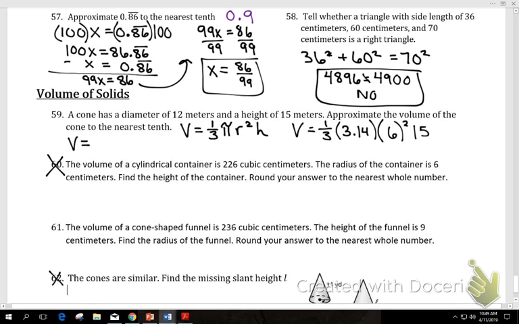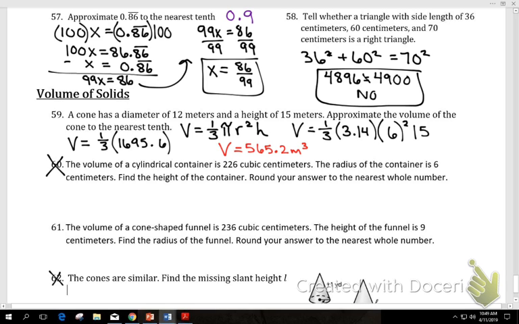Okay, but 12 is the diameter, and I have to plug in for radius. Now, remember, you have to show some work here, so I want to see what number you're taking 1/3 of, and that's 1695.6. And how do we say we can do this without using the fraction button? Divide by 3. That's important. We've got to get away from that fraction button. Don't use it. And then that's going to be meters to the 3rd power.